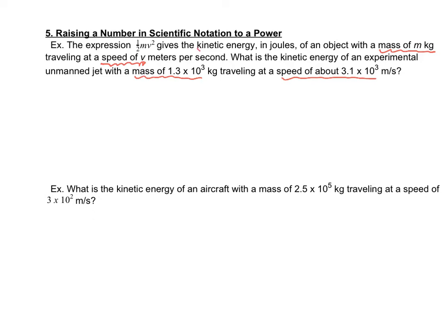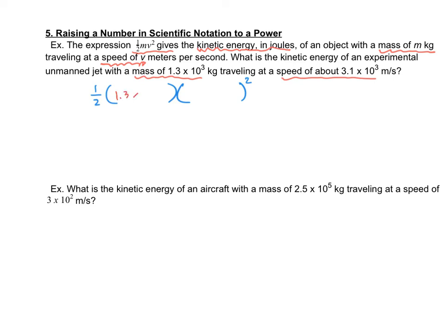Well, the kinetic energy right here is from this formula measured in joules, so I can do some substitution. I have 1/2 times my mass times my speed squared, and they told me that my mass was 1.3 times 10 to the third.